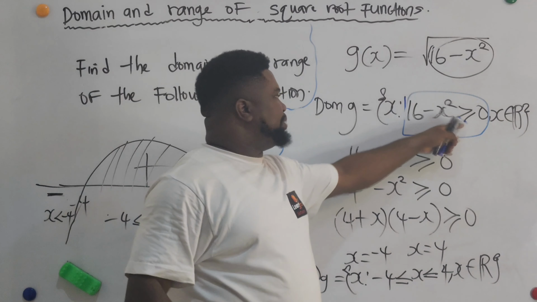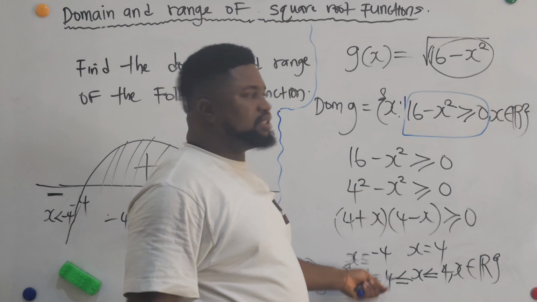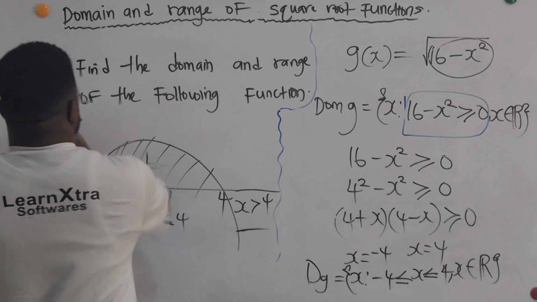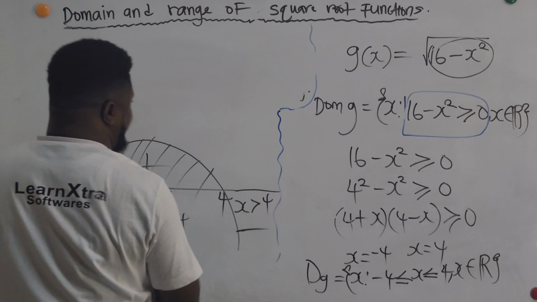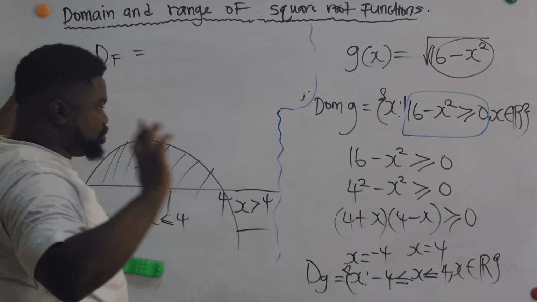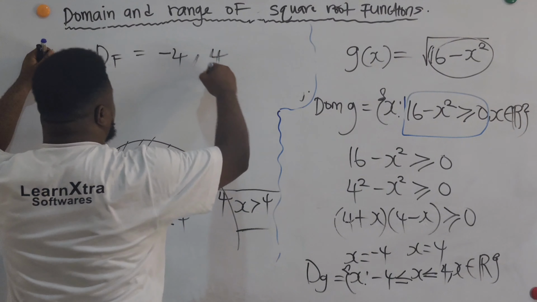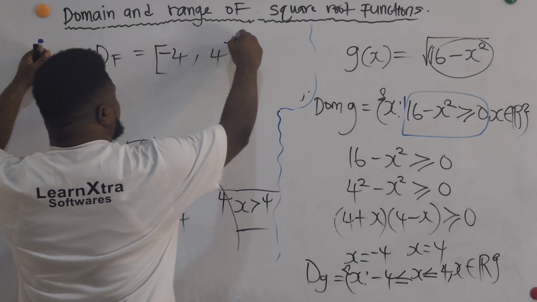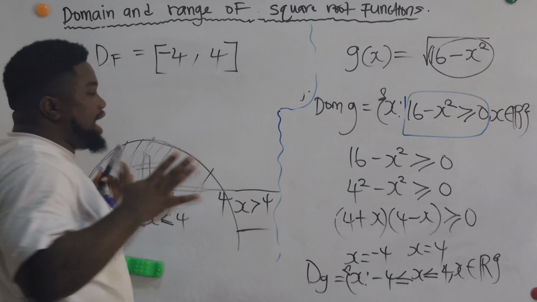If you have strength, you simplify it with inequality to this point. If you don't have strength, you can leave it here. So I can now say that my domain in interval notation becomes -4 to 4. Here it's closed because it's inclusive, and here it's also closed.